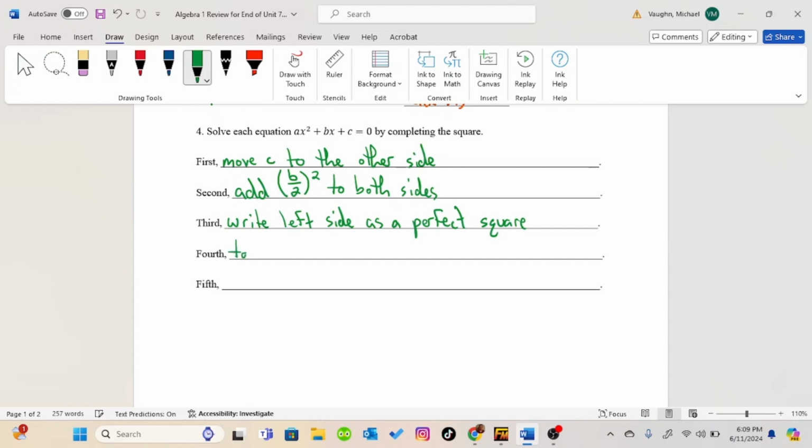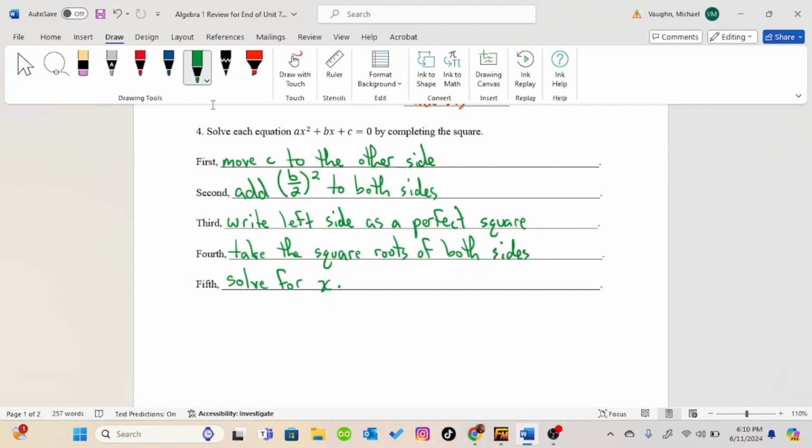Fourth, take the square roots of both sides. And finally, fifth, solve for x. This is how you solve by completing the square.